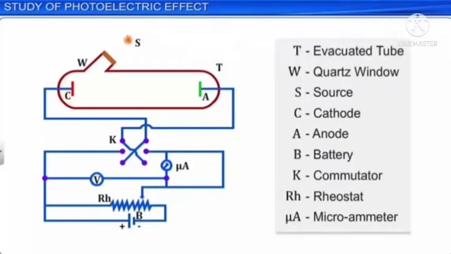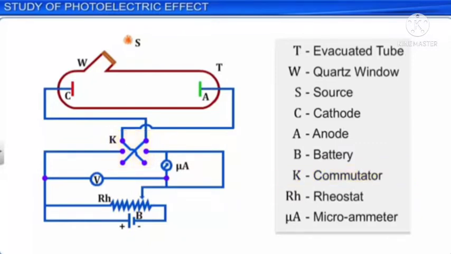Another metal plate A, called the collector plate or the anode plate, is also sealed inside the evacuated tube. A battery B is connected to the emitter and collector plate to provide the potential difference through a commutator K, which is used to reverse the polarity of the cathode and the anode.